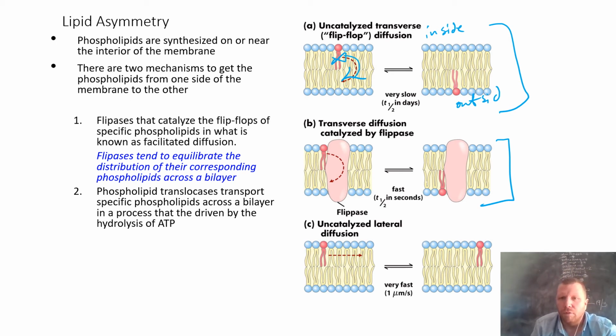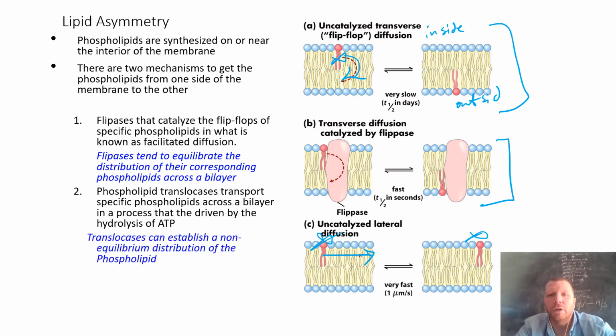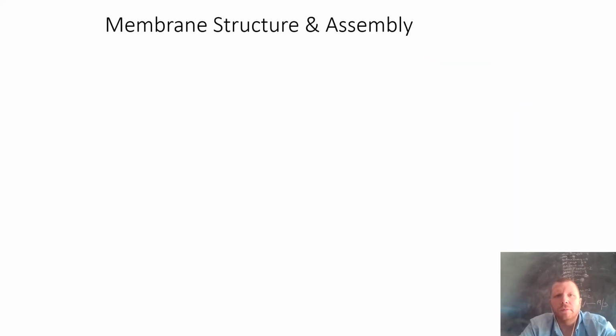Again, though, the lateral movement right here, so from this point to this point on our bottom example, that's just something that's going to happen very quickly and very easily without much energy input. Translocases can establish a non-equilibrium distribution of phospholipids in addition to an equilibrium distribution being kind of already present.